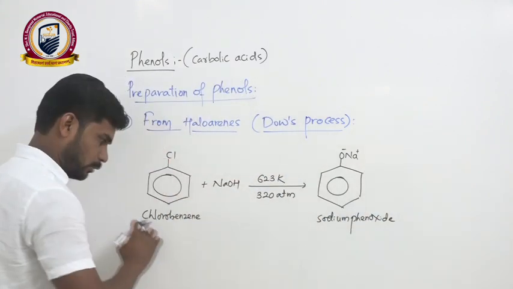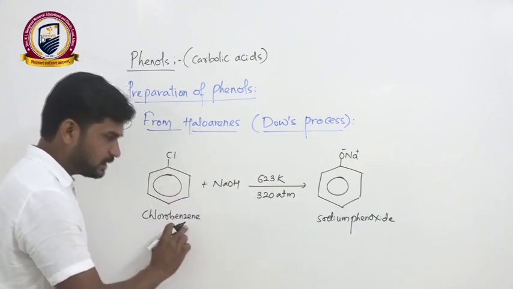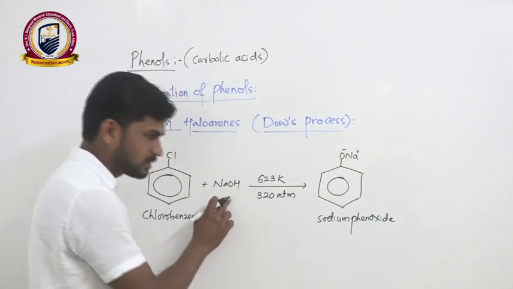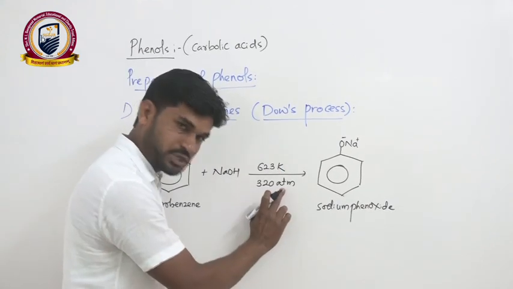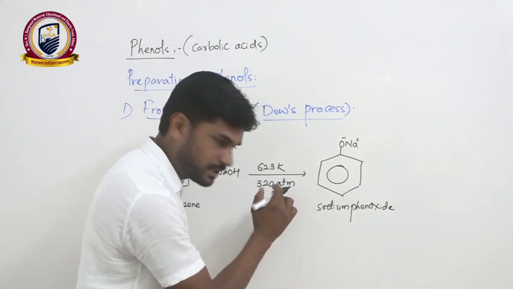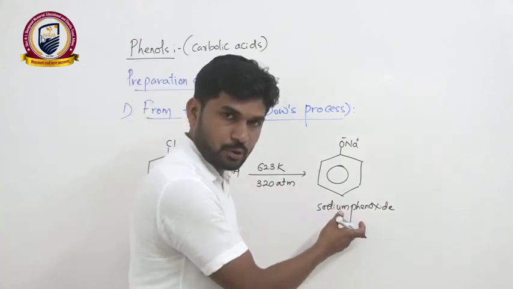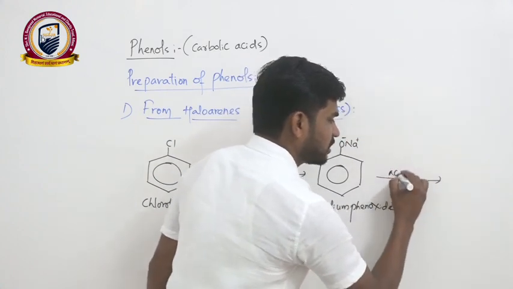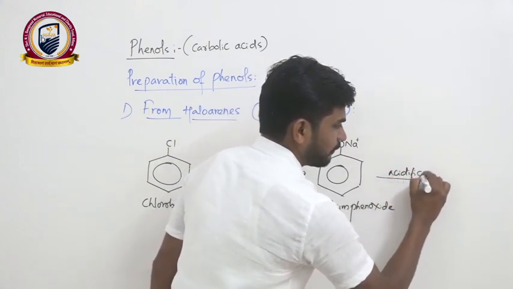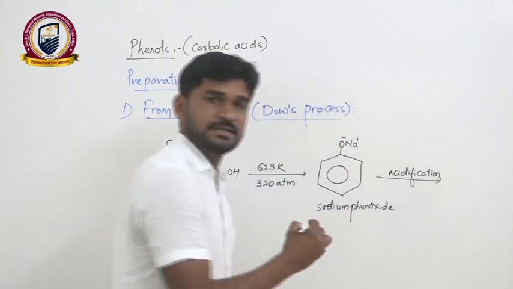So here haloarenes or chlorobenzene on treatment with sodium hydroxide at the temperature of 623 and under the pressure of 320 atmospheric pressure, there is a formation of sodium phenoxide, which is followed by acidification.